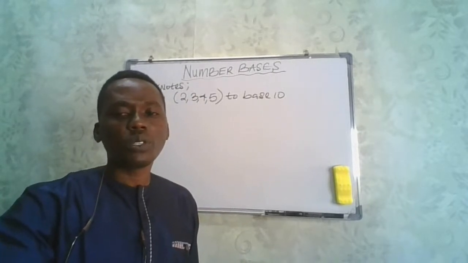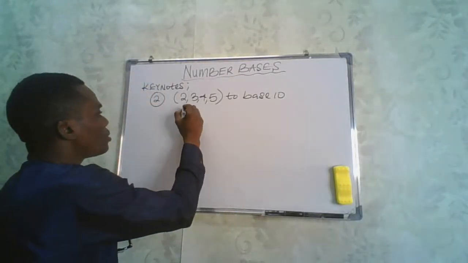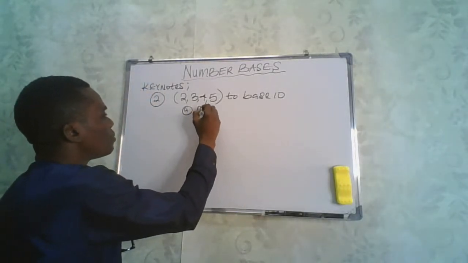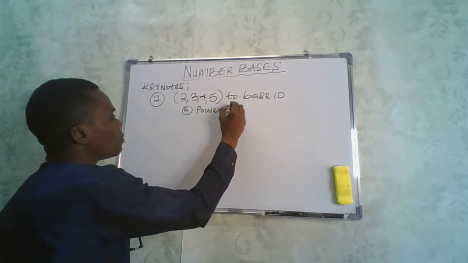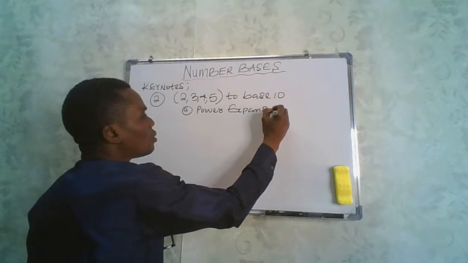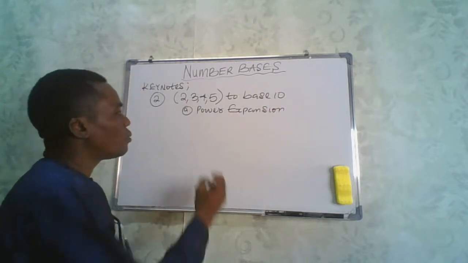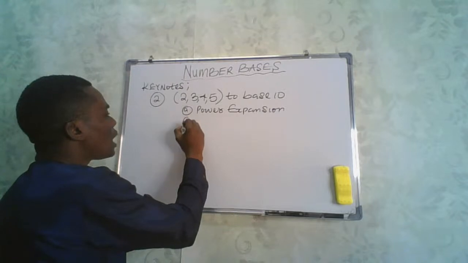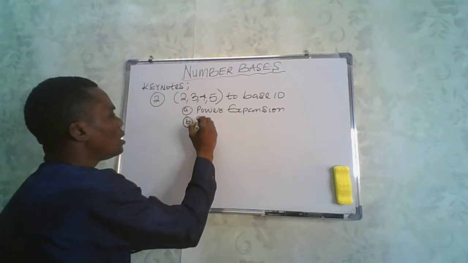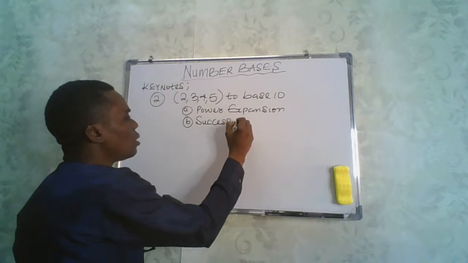The first method is the power expansion method. That's the normal method most of us know, and most of us make good use of. The other method, which I introduced, I call the successive multiplication method.